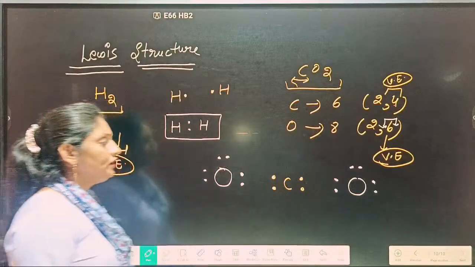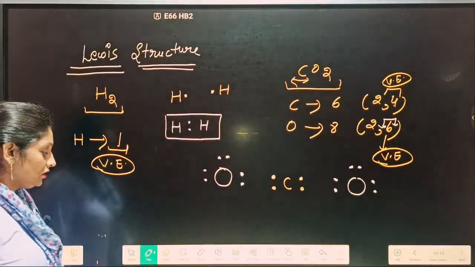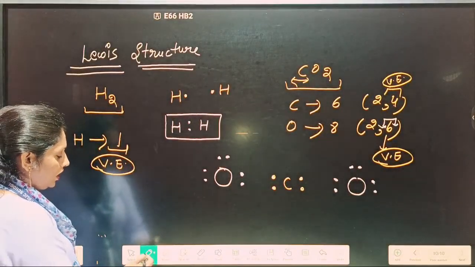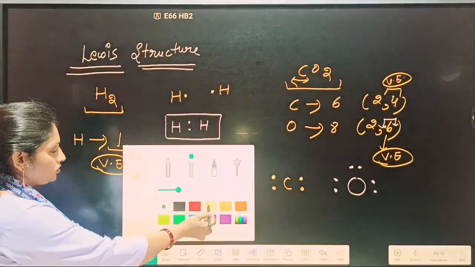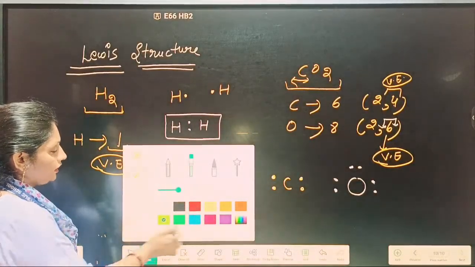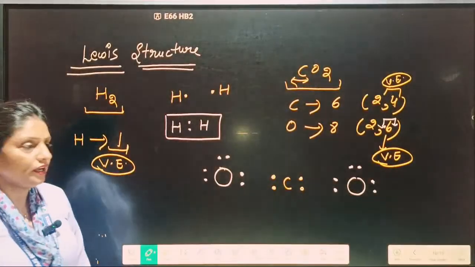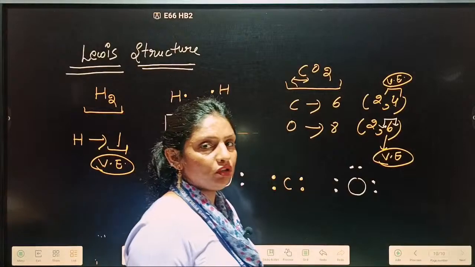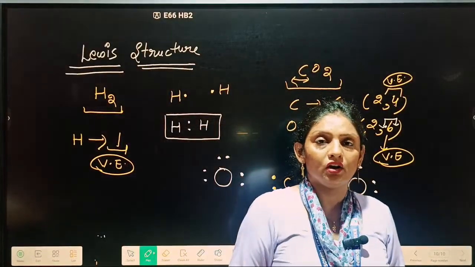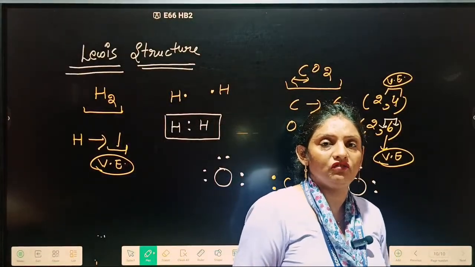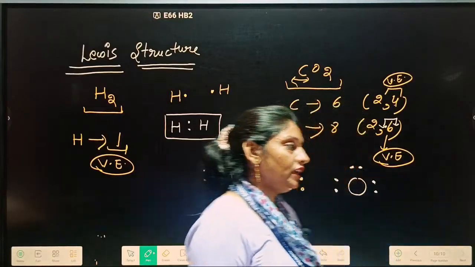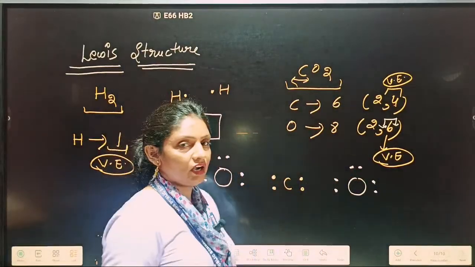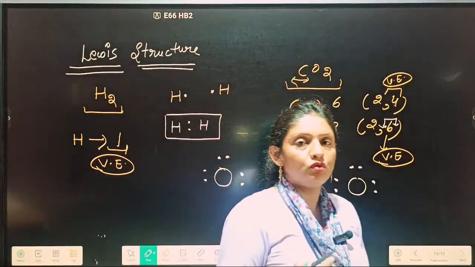Okay. Then you will see about sharing, meaning by sharing how many electrons they can complete their octet. Here carbon has 4 electrons in the valence shell, meaning it needs 4 more electrons for getting stability, for completing its octet. And here one oxygen has 6 valence electrons, meaning it needs 2 more electrons.